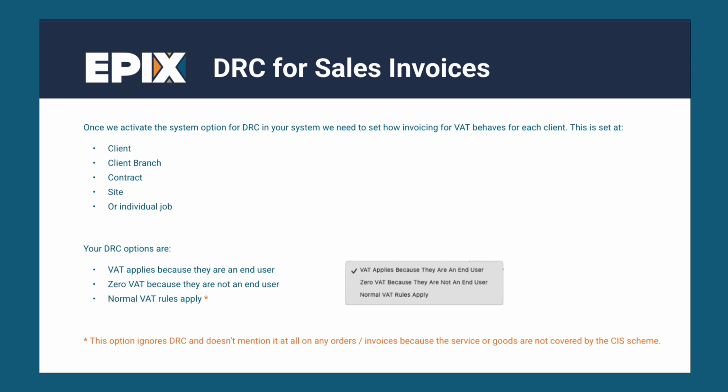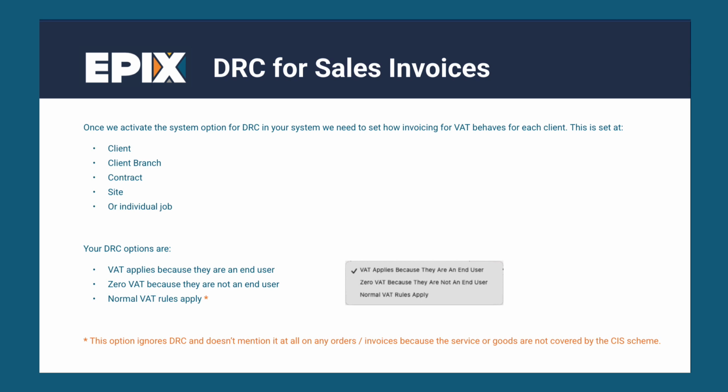Some of you already do this, but you can set your invoicing addresses and what we call the charge address at client level. You can set it at client branch or division. You can set it at the contract or work order type. You can set it at site or an individual job.